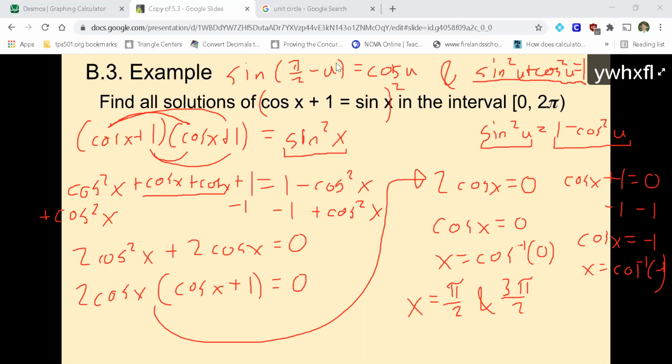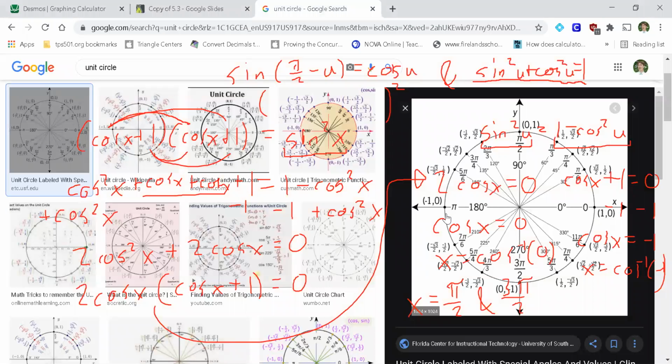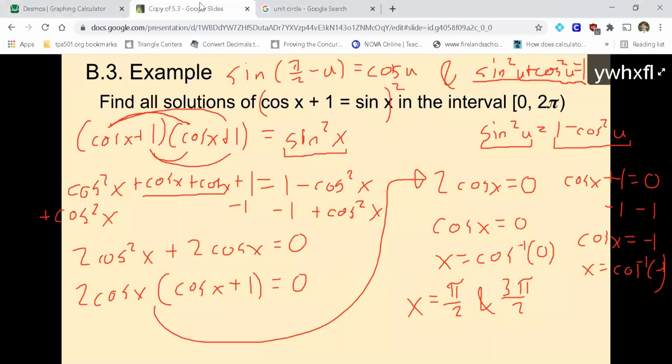Where on the unit circle is cosine inverse of -1? And yep, that is at 180 degrees, or pi. So our answers are pi over 2, 3 pi over 2, and pi.